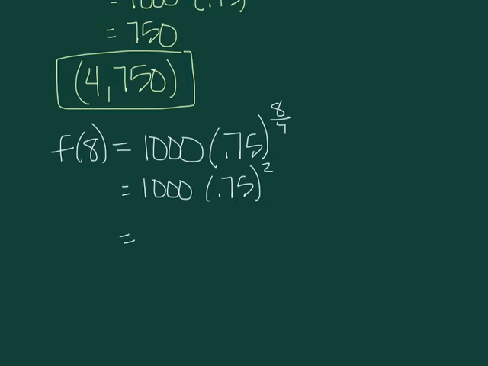So we have 0.75 raised to the second power, which is 0.5625, times 1,000, which you'll see just moves the decimal 3 places to the right.